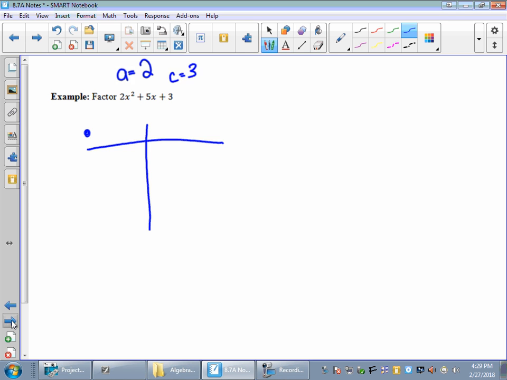So I know my C is going to be 3. So product of AC means I need 2 times 3. And 2 times 3 gives me 6. As for the sum, I need those 2 numbers that I find to give me a sum of 5, which is my B term.